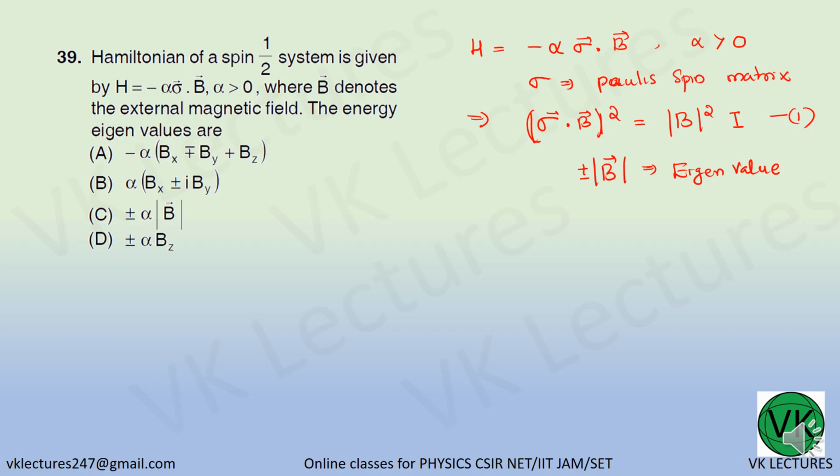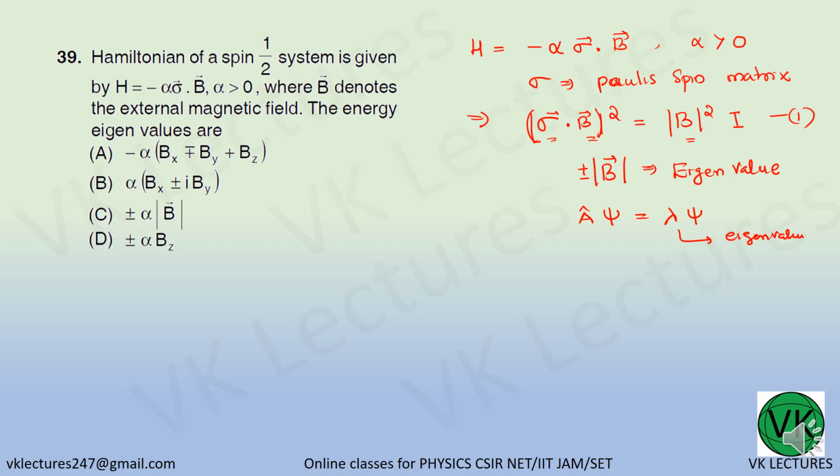Similar to this, operator A acts on the wave function equal to lambda times psi. So A psi gives you lambda psi, so this lambda becomes the eigenvalue. Similarly here plus or minus B becomes the eigenvalue.